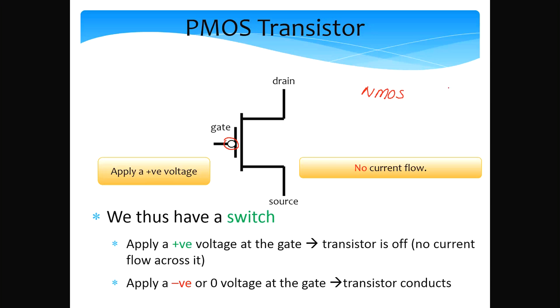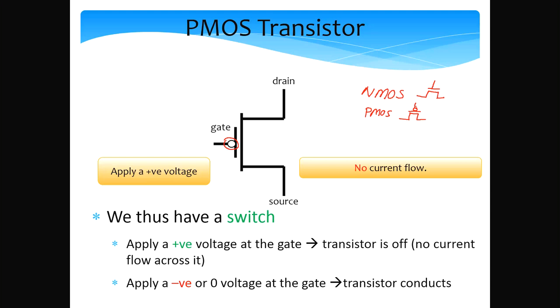The NMOS transistor, whose symbol is like this, is basically controlled by the voltage at the gate. If it's positive, current flows, otherwise it doesn't flow, right? And for the PMOS transistor, the symbol is more or less the same. It's just that we have a circle over here. So it has a reverse operation.